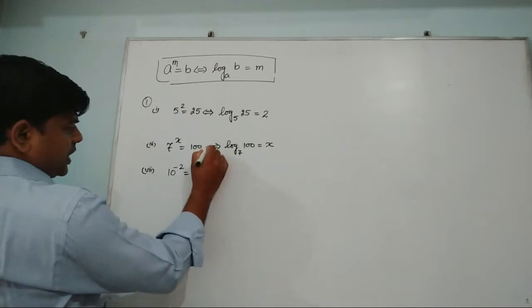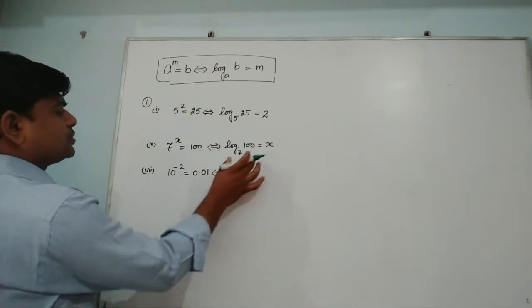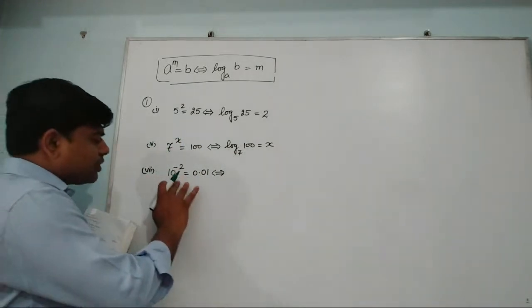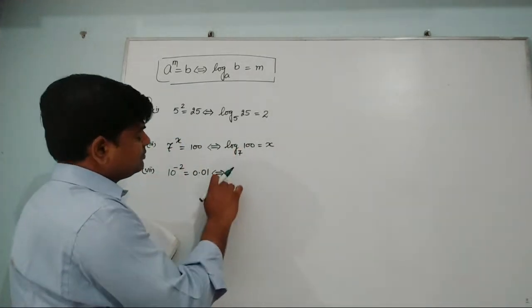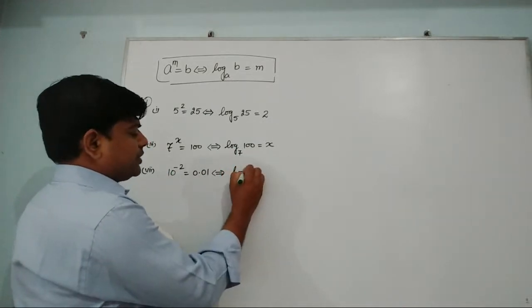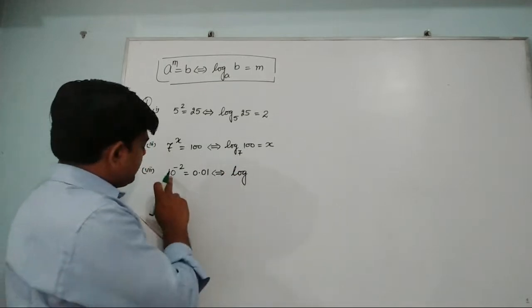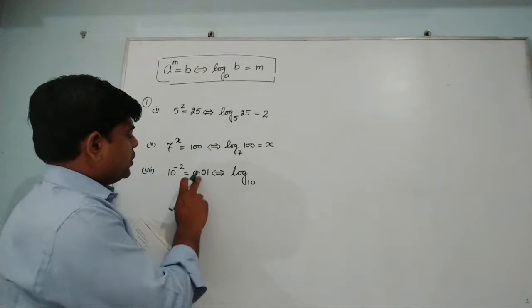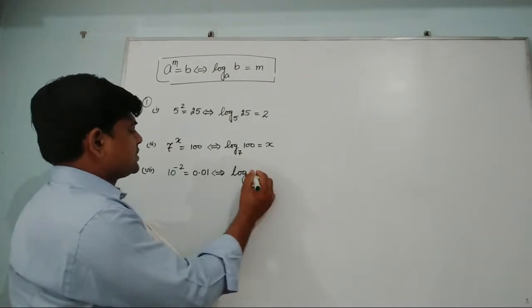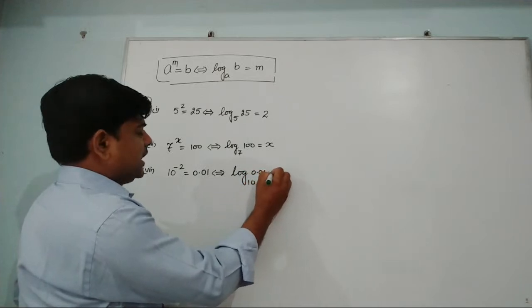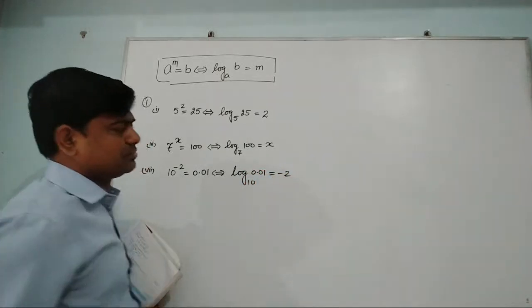I am using this arrow because it can be written in this form also. Actually in this question we have to convert the given form into the other form, that's why I am writing like that. Now see what we should write. Log, here base is 10, again I will take 10 as the base, and they will change their place or side. Log base 10 of 0.01 is equal to minus 2.